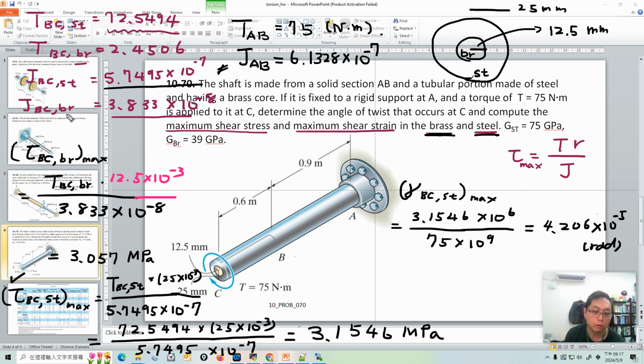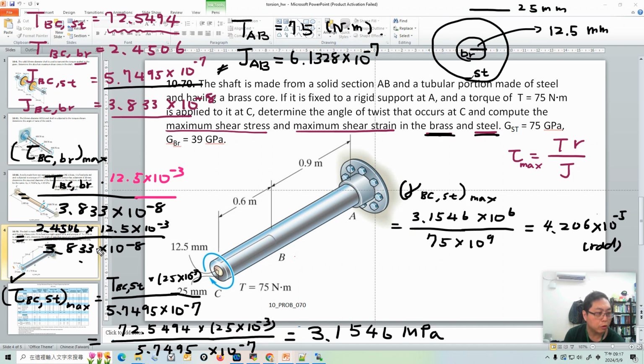So for this brass part, we just need the brass part. And what about the torque at BC from the brass? It's 2.4506. So it's 2.4506 times 12.5 times 10 to the power minus 3, divided by 3.833 times 10 to the power minus 8.